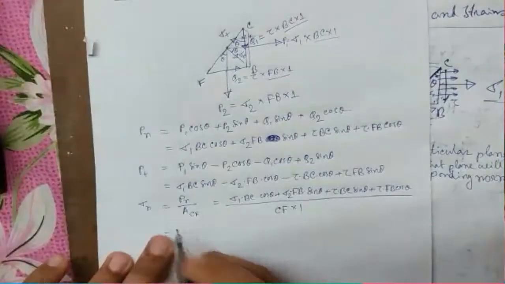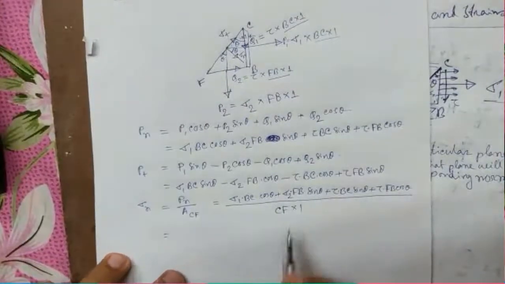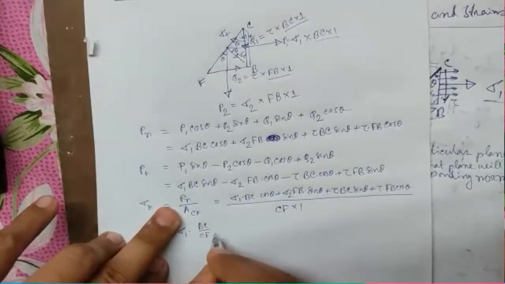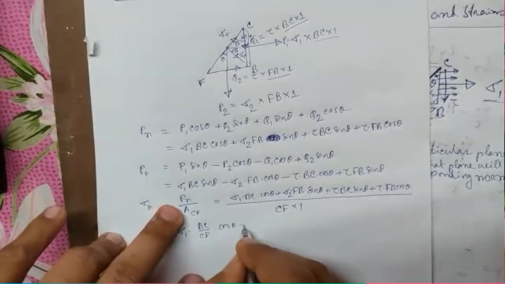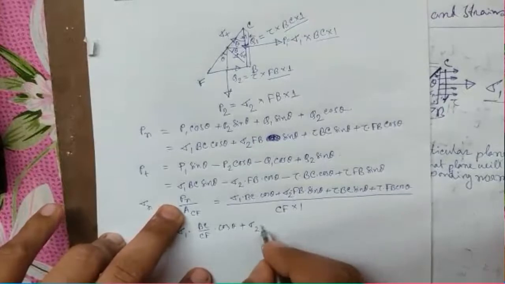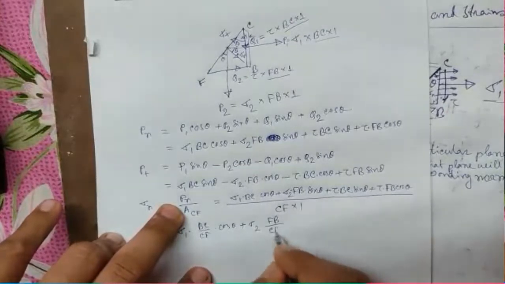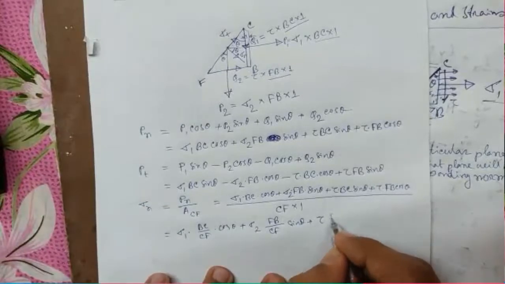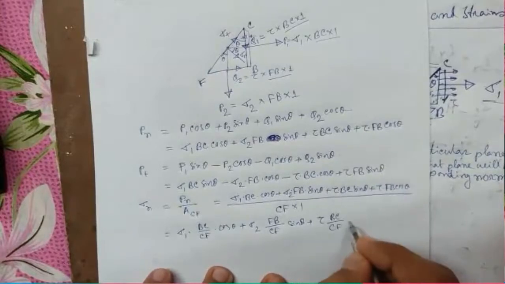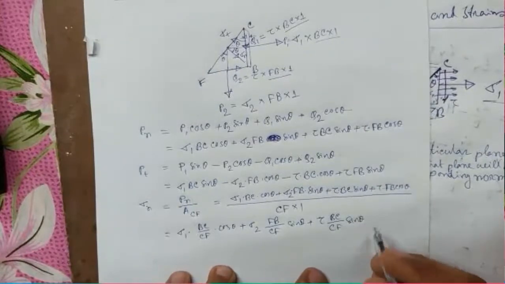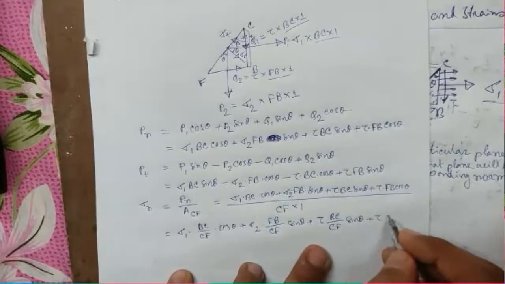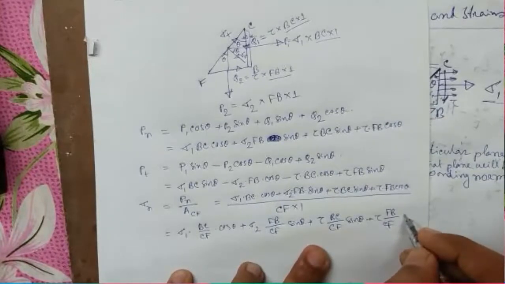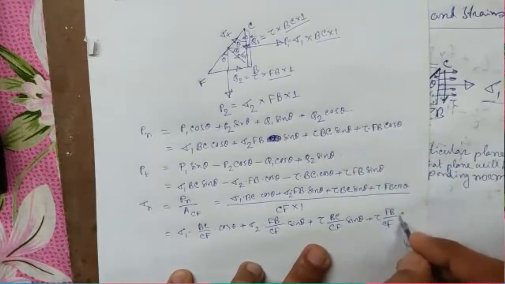So here, as we can see, we can rewrite the equation as sigma 1 into BC by CF into cos theta plus sigma 2 into FB by CF sin theta plus tau into BC by CF sin theta plus tau into FB by CF cos theta.